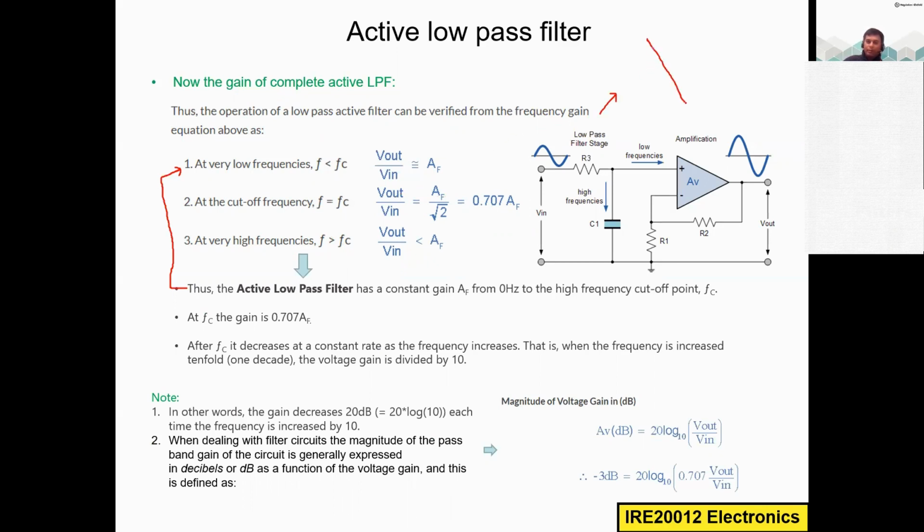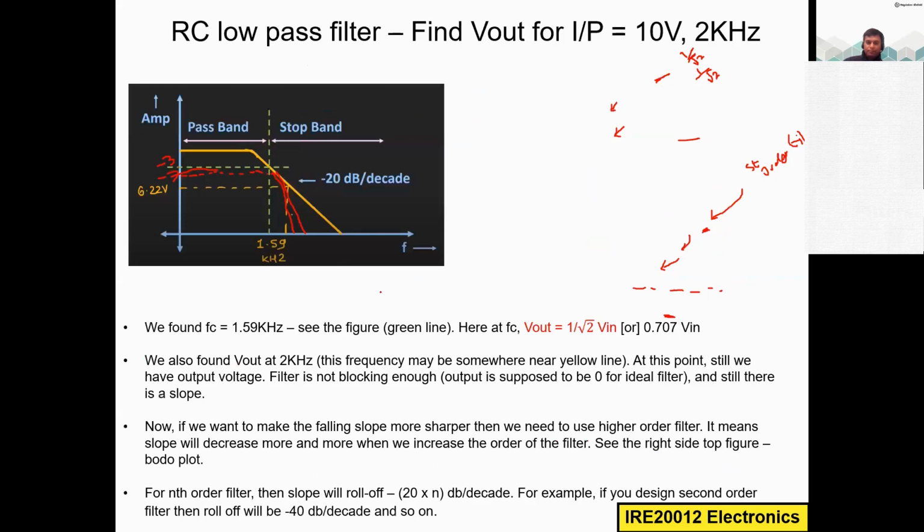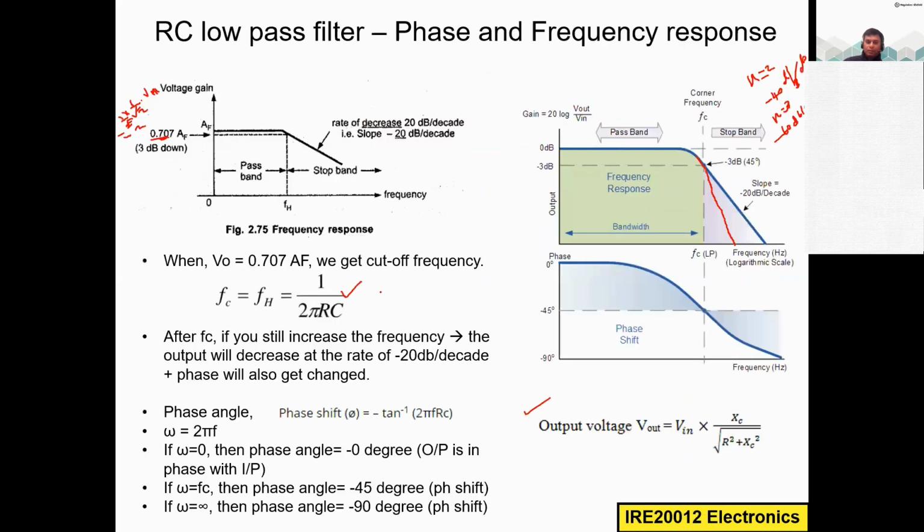So when we make the frequency response, or maybe we can just go back to the frequency response. Here you see, this is what I mentioned, 0.707 AF. AF is the gain, that is Vout divided by Vin. Here we will get the minus 3 dB in terms of dB.